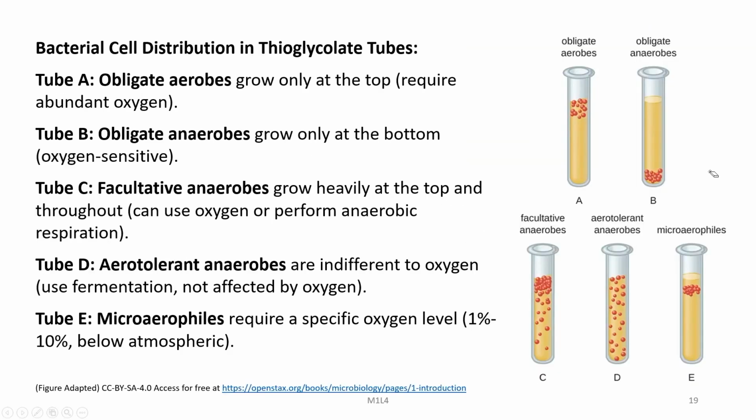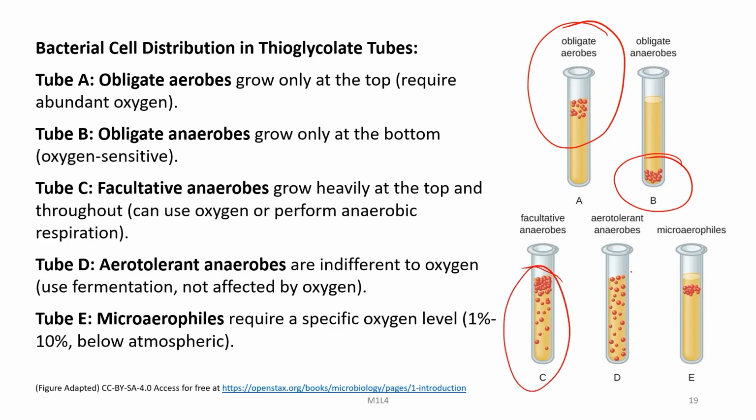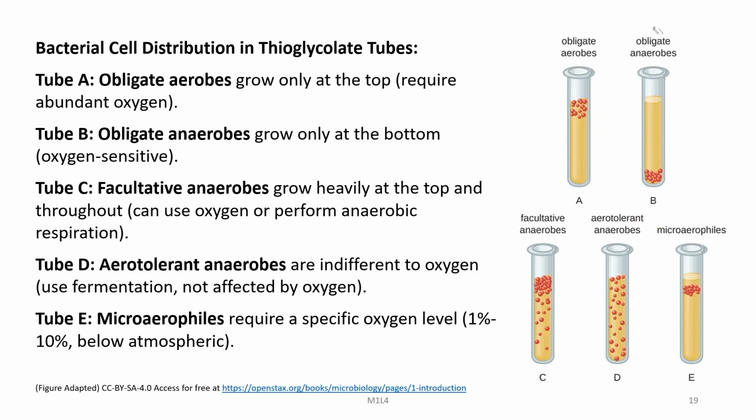We will see this in more simple diagrams. As you can see here, tube A, the first tube, is showing the obligate aerobe on the upper part, then the obligate anaerobe on the lower, then you have facultative anaerobes, number D shows aerotolerant anaerobes, and number E shows the microaerophiles.